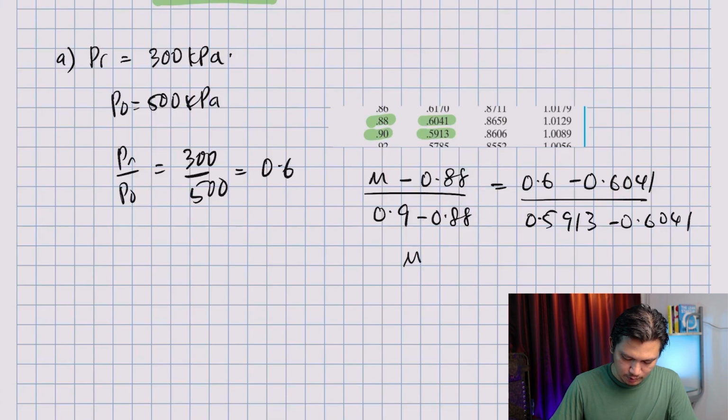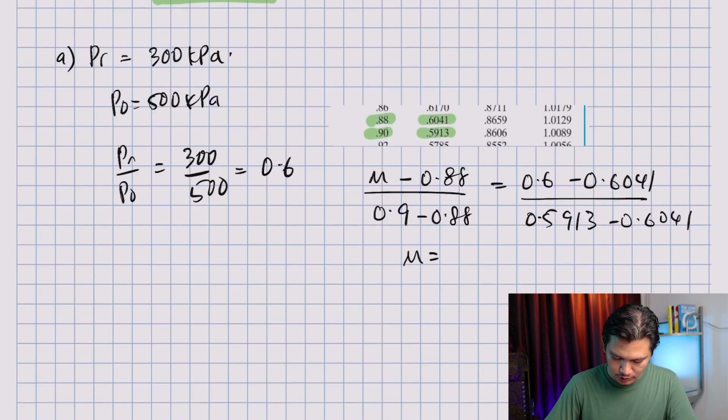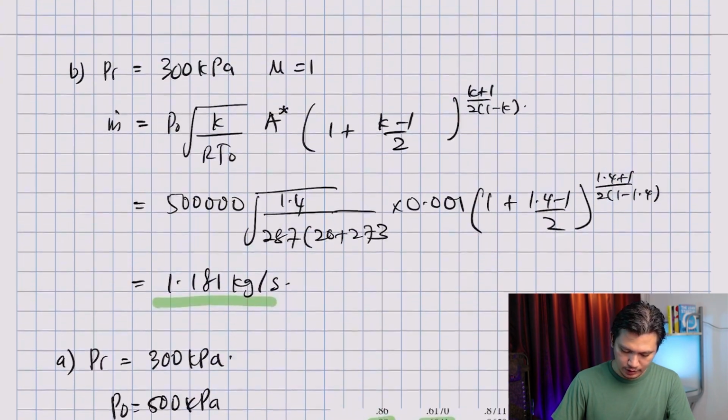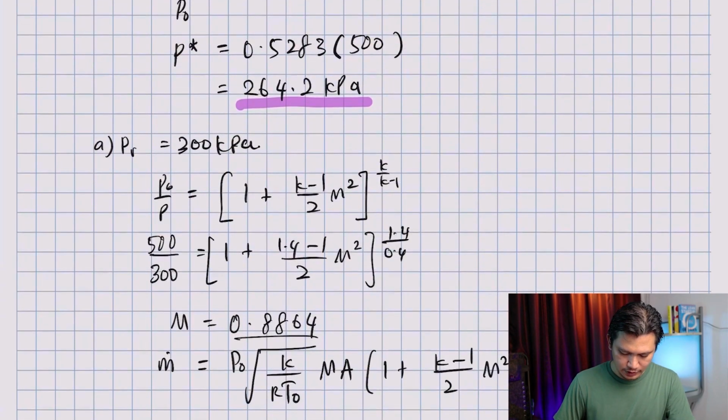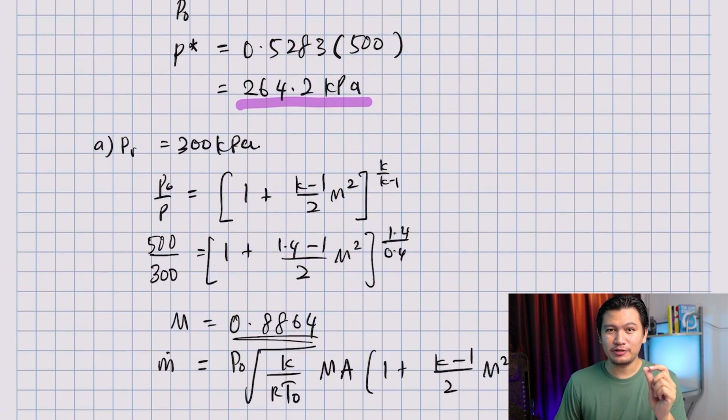Okay, let's see what our Mach number is: 0.6 minus 0.6041 divided by 0.5913 minus 0.6041 times 0.02 plus 0.88. So this ends up with 0.8864. Let's see, does it match with the way we did using the equation? Right, exactly. So now you can see clearly that you can either use the table or you can use the equation. It's up to you.